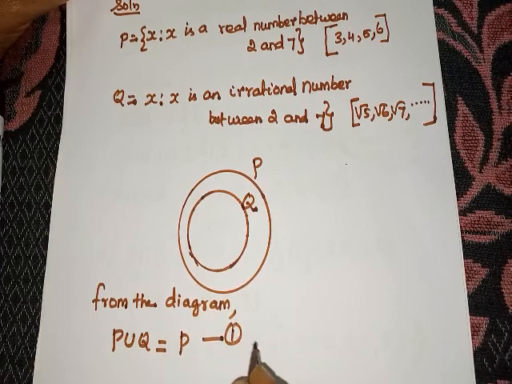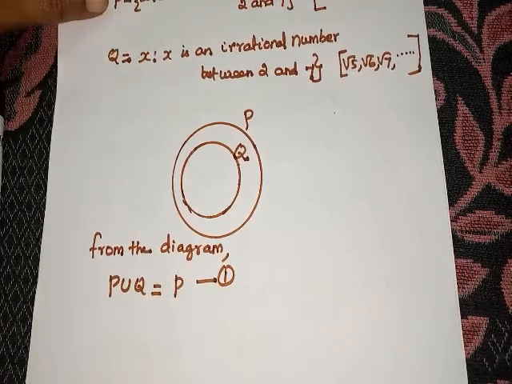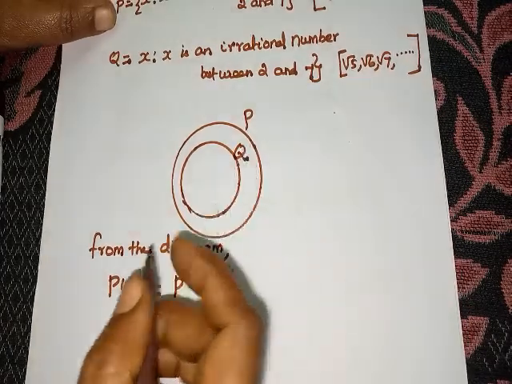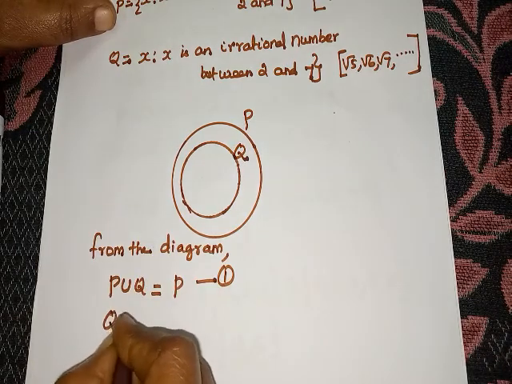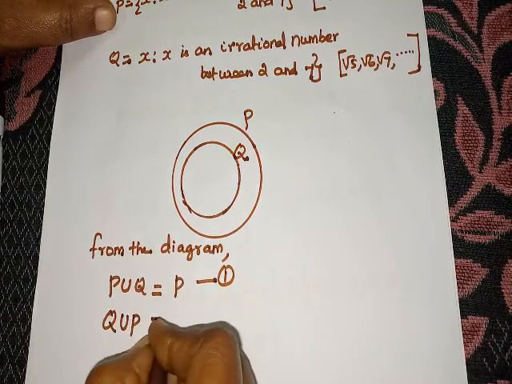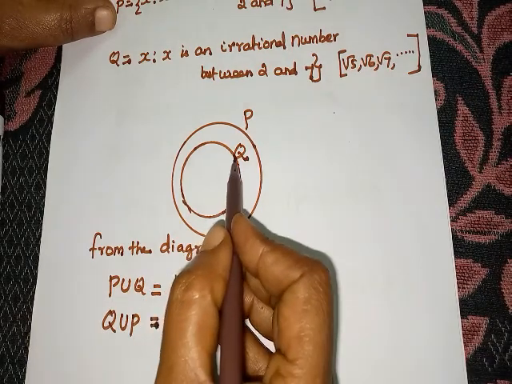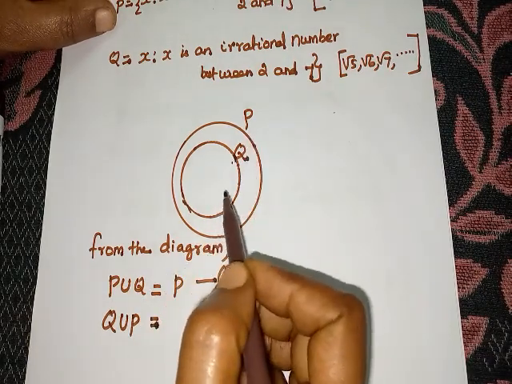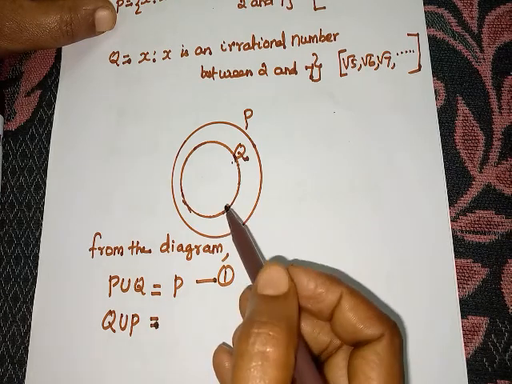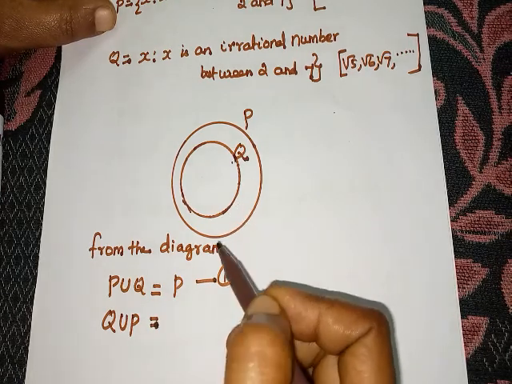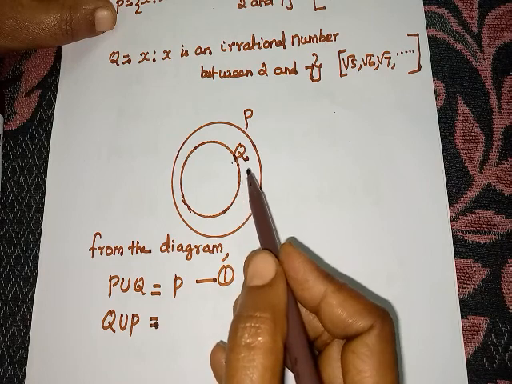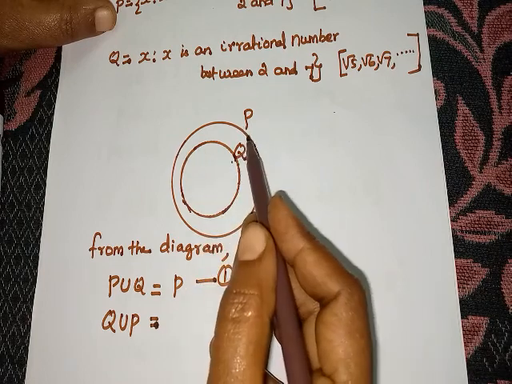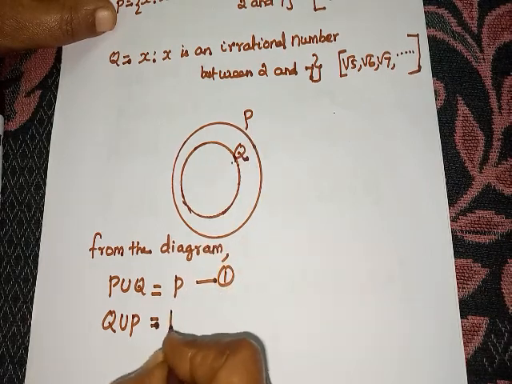That is equation number 1. Similarly, Q union P. Same way, let us join Q and P. When we join the smaller set and the greater set, how do we find the union? We combine, and write each element once. So the bigger set P is what we get.